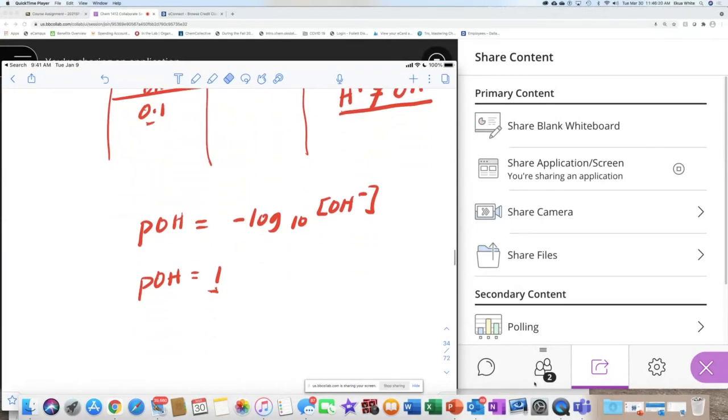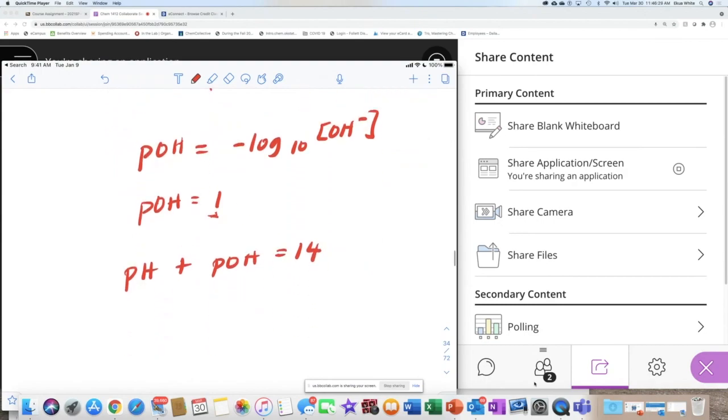We actually have to figure out the pH. We know from the previous chapter, pH plus POH equals 14. So if we know the value of POH as 1, then what is the pH? pH plus 1 equals 14. Minus 1, we end up with pH equals 14 minus 1, which is 13.